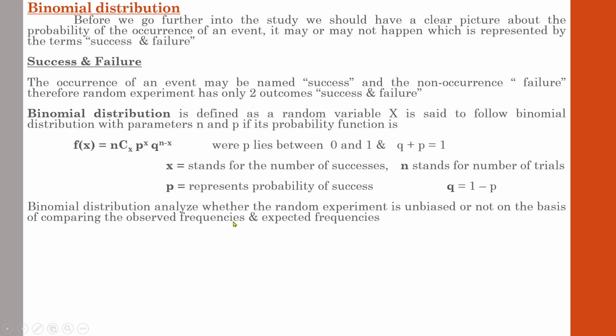This is almost similar to terms we use in management: actual standards and expected standards. I hope you all know the concept of actual and expected standards. It is almost similar to observed frequencies and expected frequencies. We will come to that part in one of our future sessions.